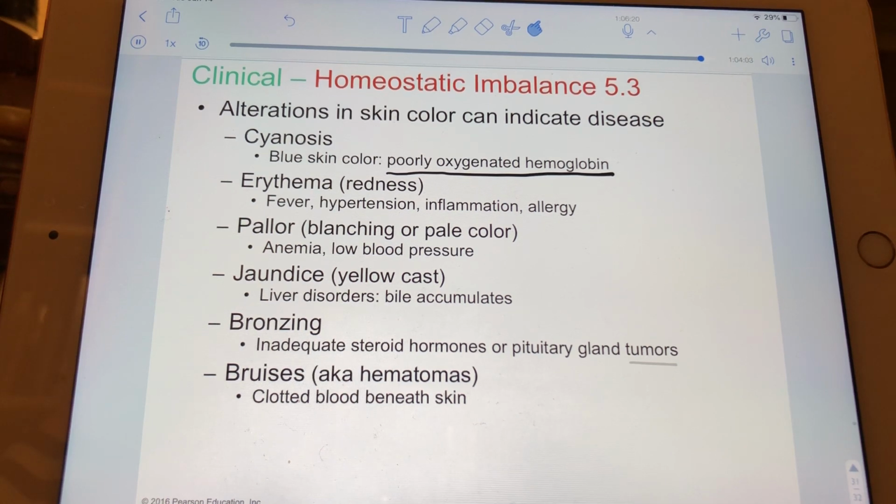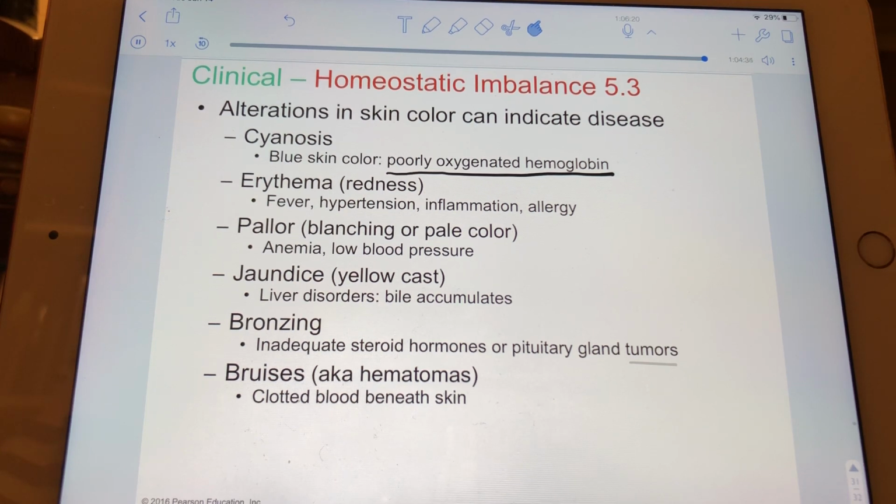Pallor, meaning paleness, can be difficult to pinpoint. Usually the patient has to either present a photo of their normal skin tone or confess that they appear quite pale. And pallor can be indicative of anemia and or low blood pressure.